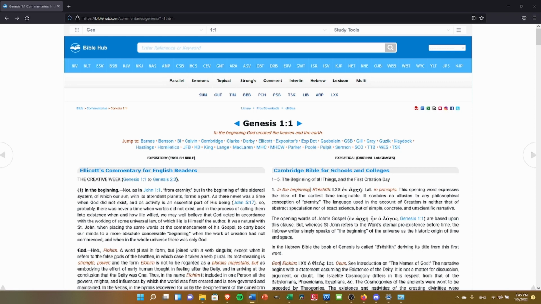We have John Lange's commentary on the Holy Scriptures, critical, doctrinal, and homiletical. Alexander Maclaren's Expositions of Holy Scripture, the Concise Matthew Henry, right here, and we have the Matthew Henry full. We have Joseph Parker's The People's Bible Commentary, Matthew Poole's commentary, the Pulpit Commentary, again, which I mentioned is related to the Pulpit Homiletics.